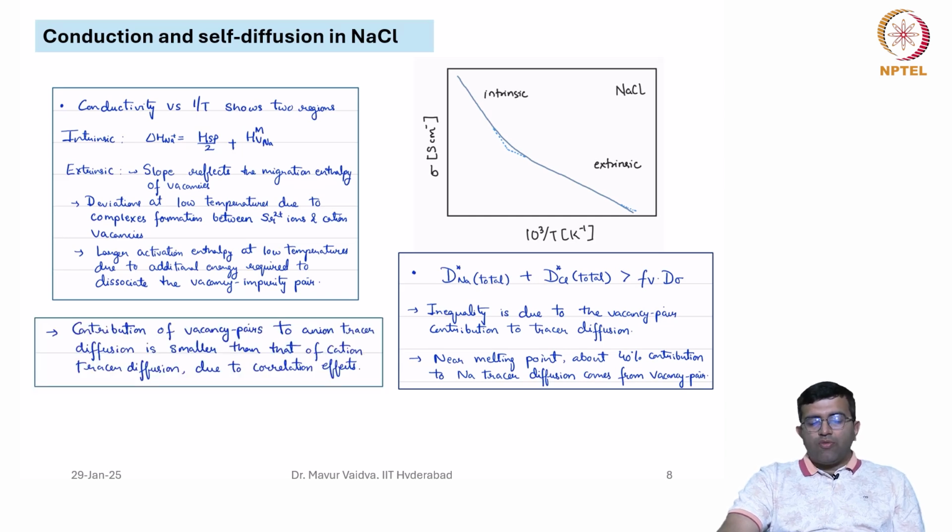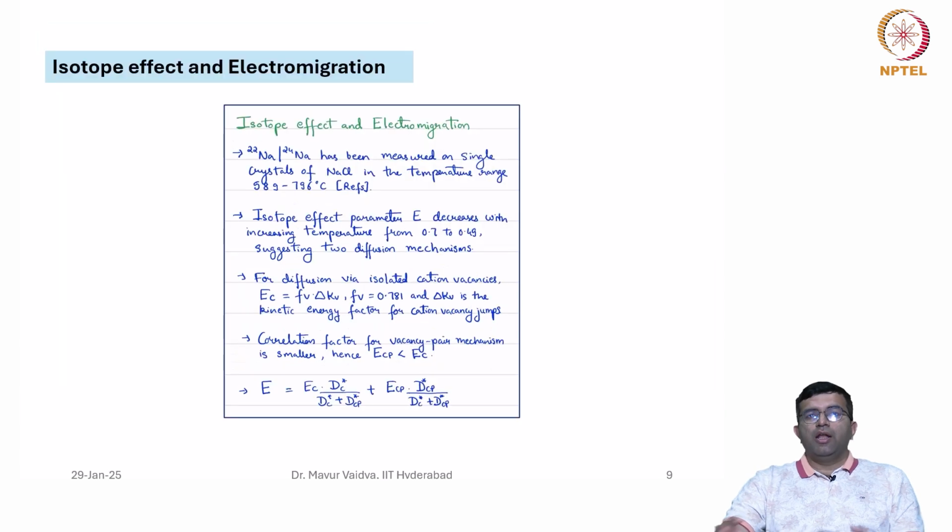The contribution of vacancy pairs to anion tracer diffusion is smaller than that of cation tracer diffusion due to the correlation effects. Now, when we talked earlier, we also saw the isotope effect that people try to measure in some systems. NaCl is one of such systems.